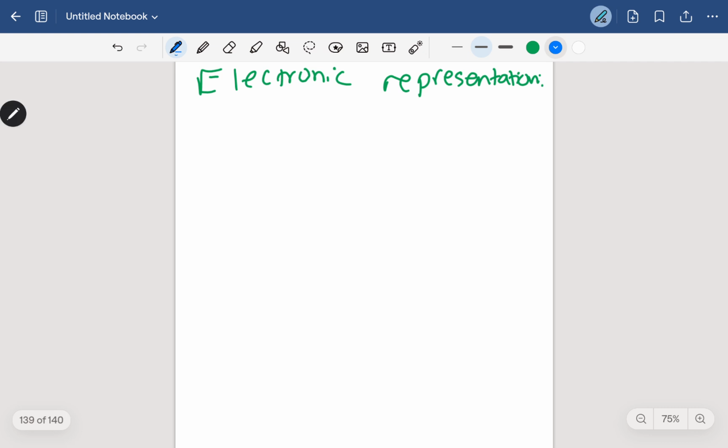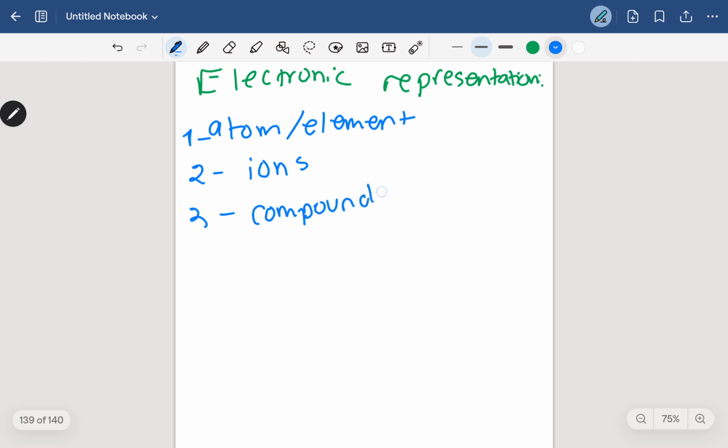So we have three types of electronic representation. The first one is for a single atom or element. The second one is for ions, which are cations and anions. And then the third one is for compounds.